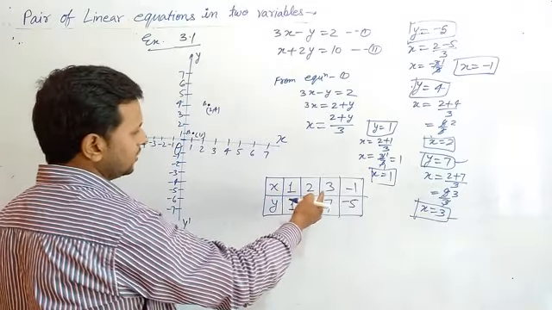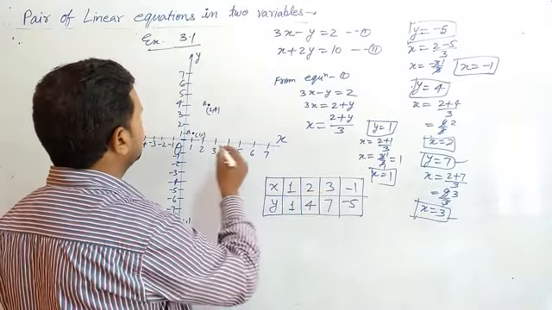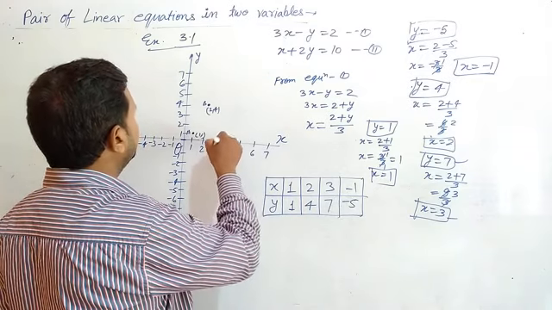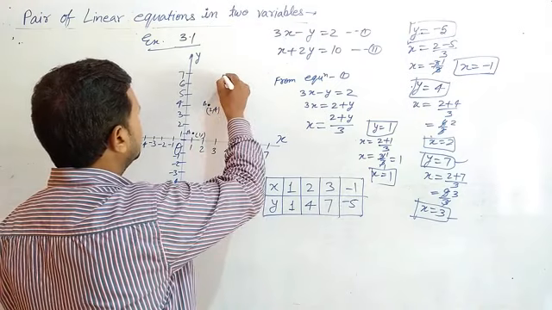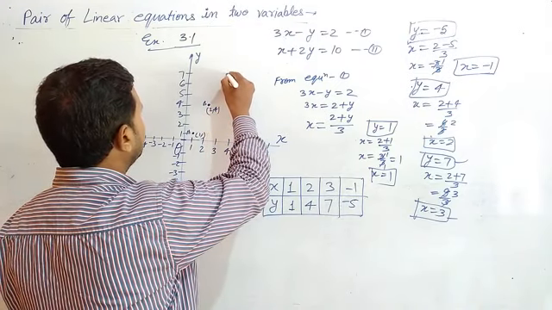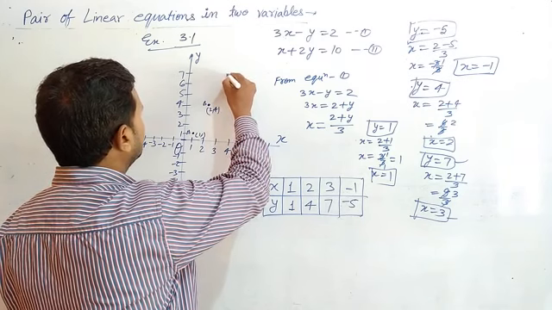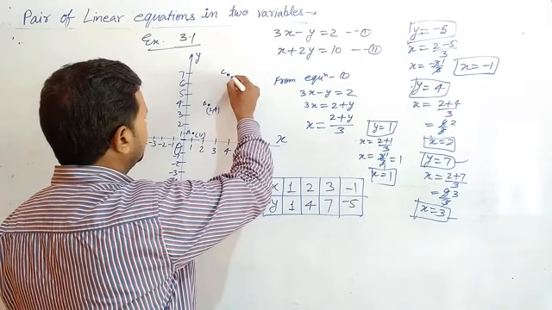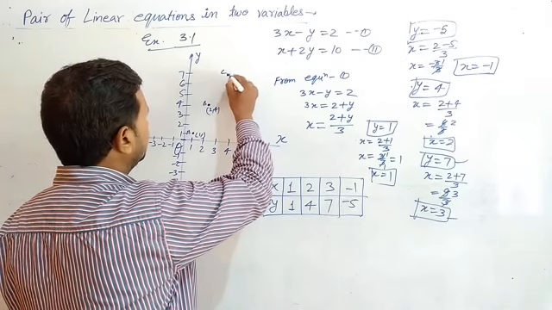Now here x is equal to 3 and y is equal to 7 means 3 is here and 7 is here. 7 is here. It's right. This name is C and this is 3 comma 7.